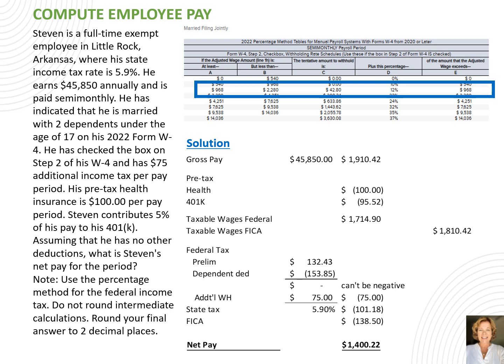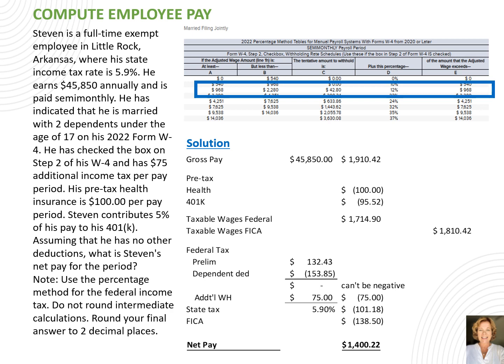We do that by looking up $1,714.90 in the percentage table of married filing jointly, box 2 checked, and the semi-monthly payroll period. The third row includes our taxable wage amount of $1,714.90, and we complete the calculation by subtracting $968 from the table from the taxable wage of for $746.90.